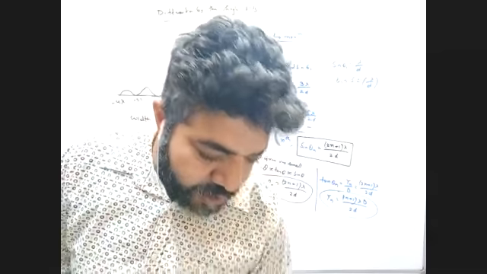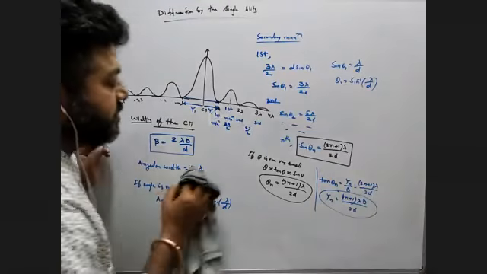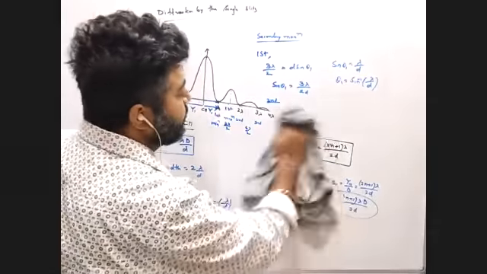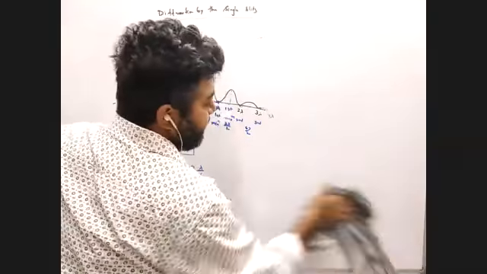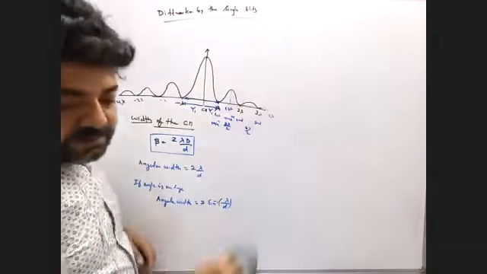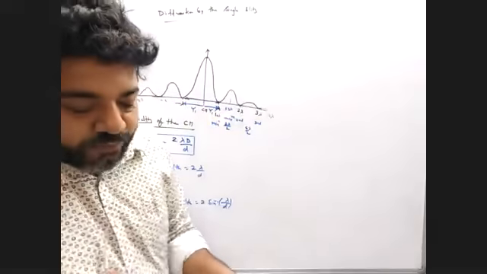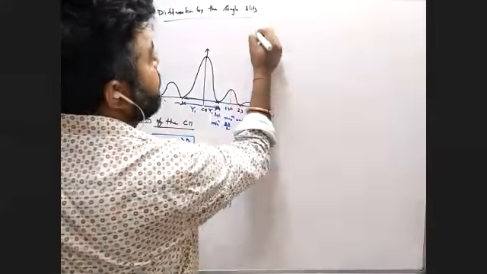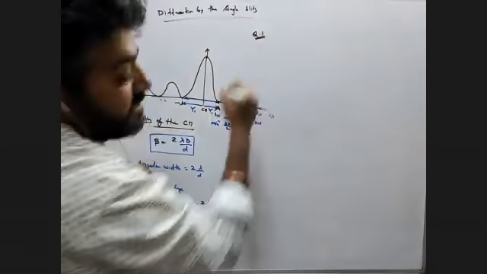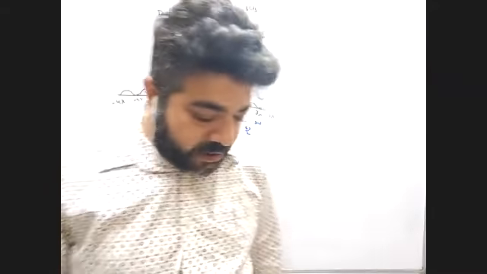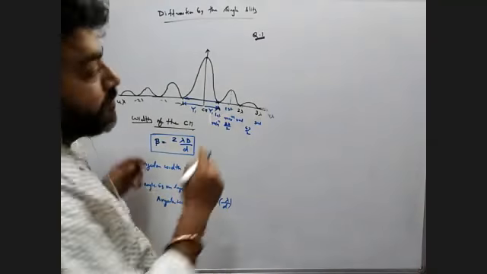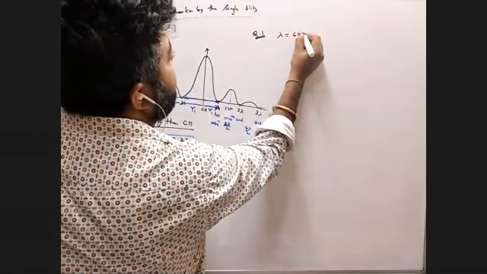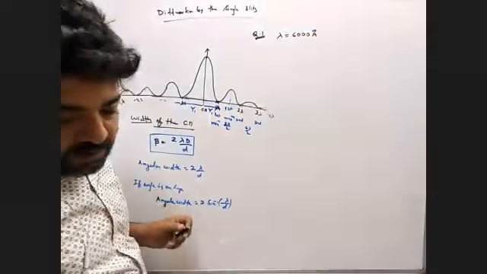So now please everyone write numerical. Question number 1. First write down. A slit of width d is illuminated by light of wavelength lambda equals 6000 angstrom.